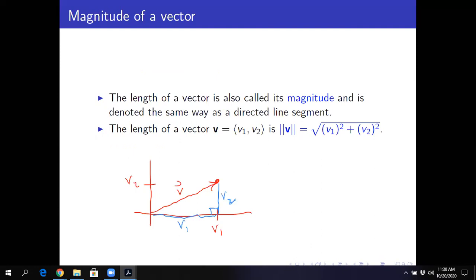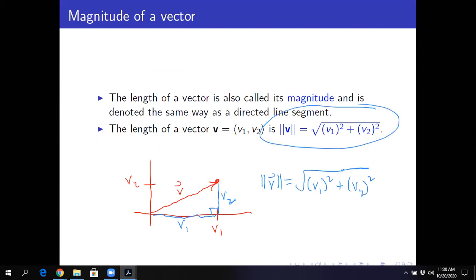So the length of the hypotenuse is going to be the square root of the squares on the legs. That's just the Pythagorean theorem. So it's going to be the square root of V1 squared plus V2 squared. No problem. So that's where this little formula is coming from right here.